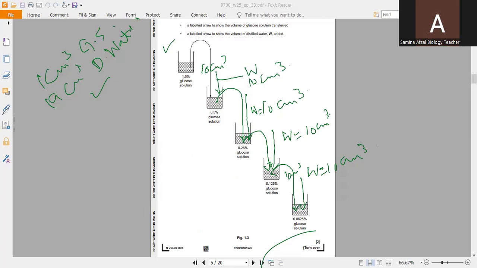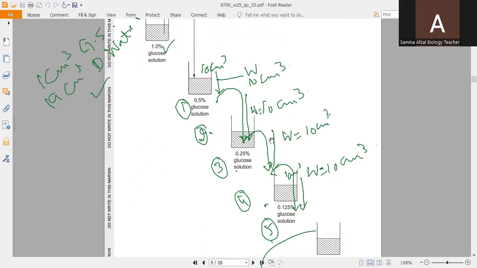Now we have made 4 more concentrations, which are 0.5, 0.25, 0.125, and 0.0625. This is concentration number 2, this is 3, this is 4, and this is 5. It means we have 5 concentrations with us for this investigation.